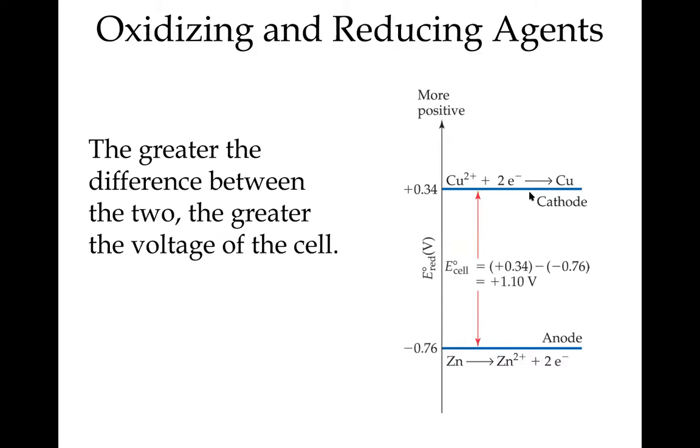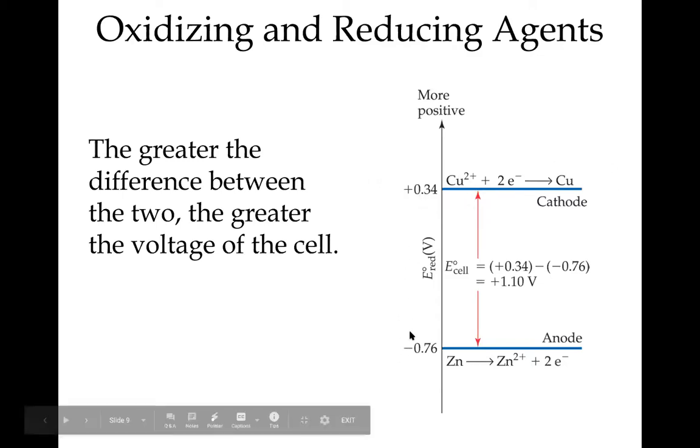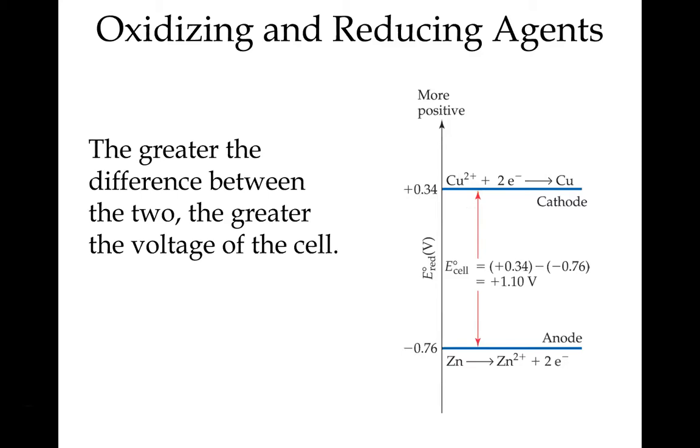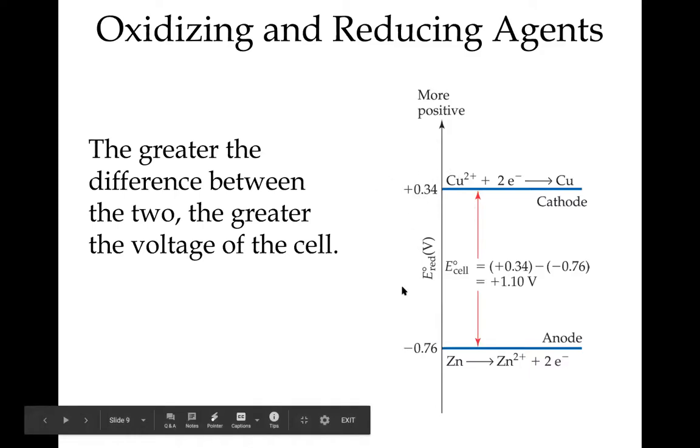So what that means is that the greater the difference between this number, this 0.34 on this half reaction, and this number, this negative 0.76 on this half reaction, the further away they are from each other, the stronger the electrons are going to want to move from one end to the other, and the greater the overall voltage is going to be, right? So the closer these values are to each other, the lower the voltage is going to be.